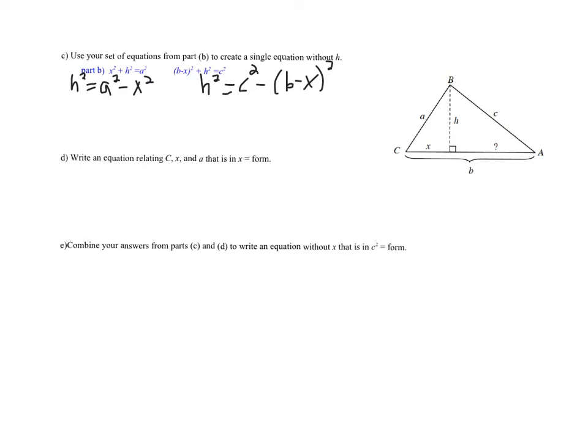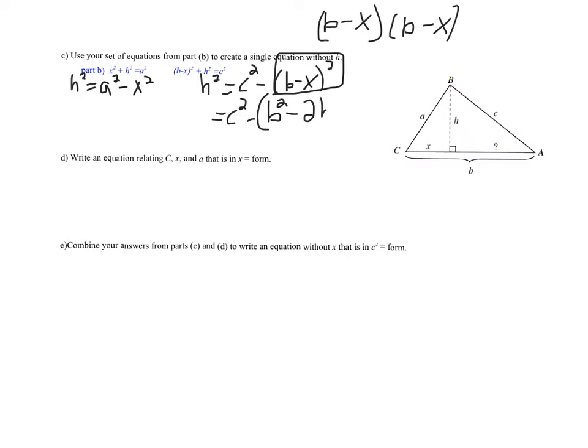Now I'm going to expand this out. (b minus x) squared, well, remember, that's (b minus x) times (b minus x). If you expand that, you're going to end up with b squared minus 2bx plus x squared.